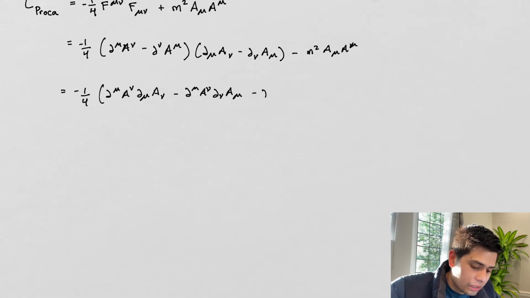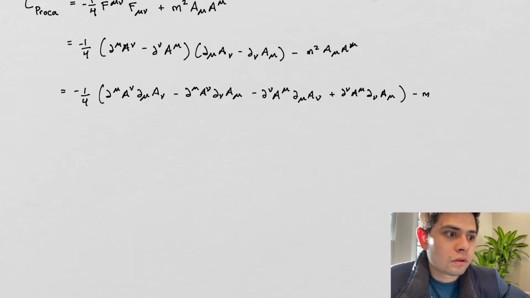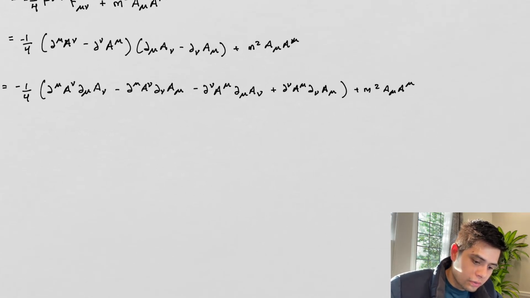This is minus d nu A mu d mu A nu, and then plus d nu A mu d nu A mu, and then plus m squared A mu A nu.